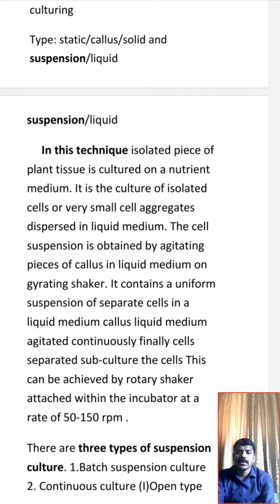Then what is the surface sterilizing agent? There are few chemical agents which are used to sterilize the starting material. Directly after cutting the explant, we cannot use it to start the tissue culture technique.